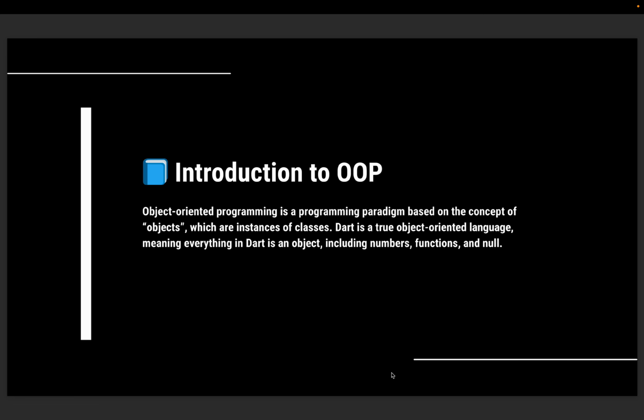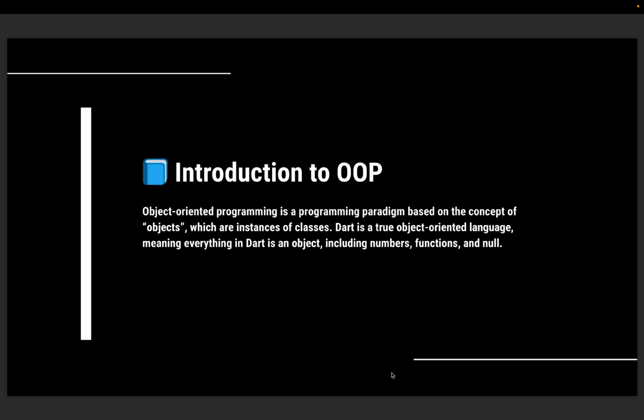So when you create a class and you initialize the class, you get an instance of the class. That instance of that class is what we call an object. Dart is a true object-oriented programming language, meaning everything in it is an object. Take it, everything is an object, even numbers, functions, null itself.